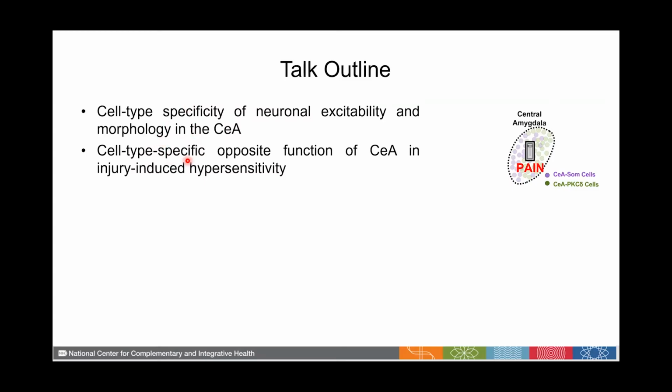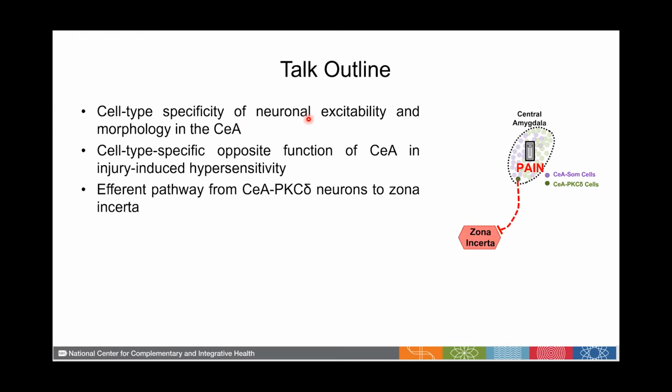Looking at the properties of these two genetically distinct cell types, the somatostatin and the PKC delta neurons, we looked at their properties both at baseline and also their function in the modulation of pain. The work we've been following up afterwards is looking at the circuit level.